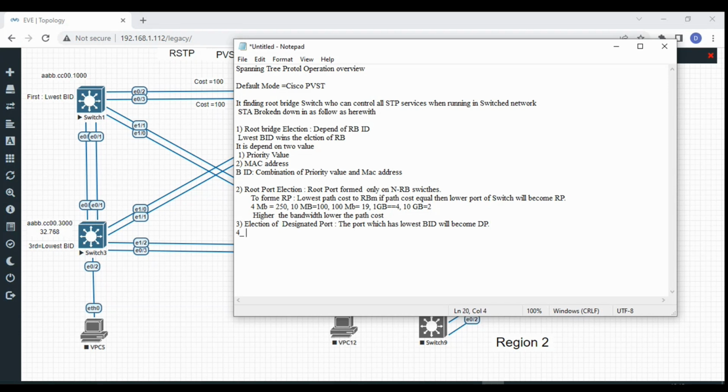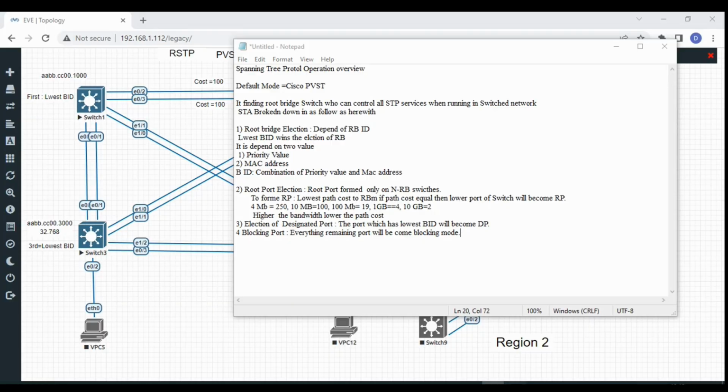The fourth step is the blocking port. Everything remaining, the port will become blocking mode. So this is the fourth step, where by default each remaining port will become blocking mode.